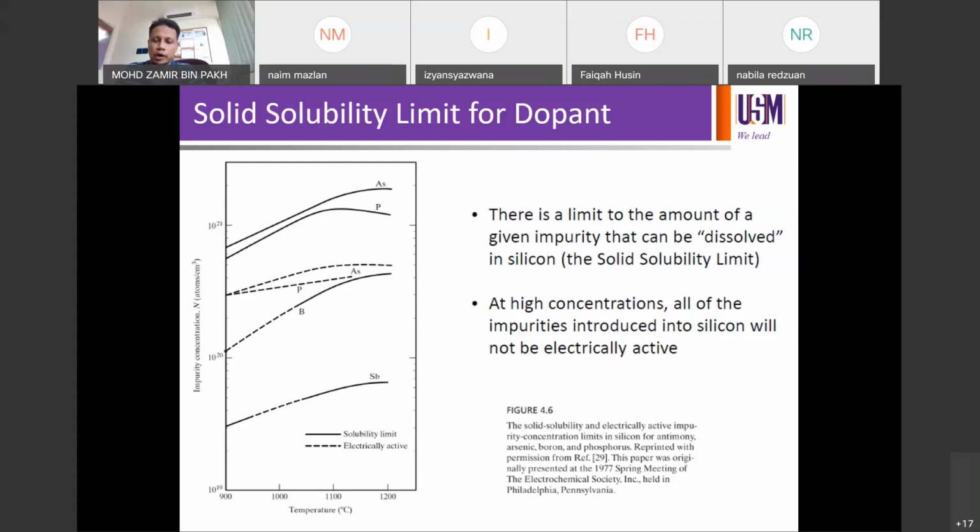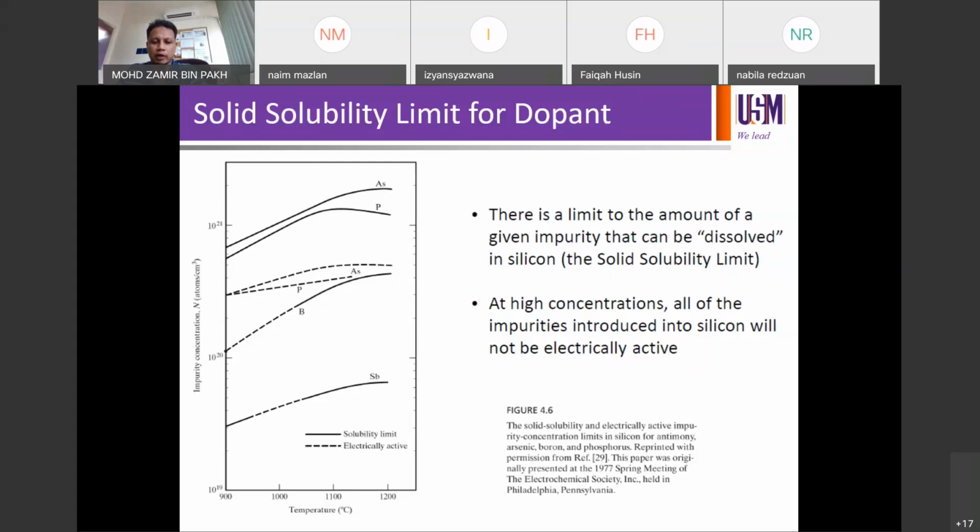Well, this depends. It's quite a generic statement. You still need to electrically activate the dopants in the silicon. For example, if you look at this graph, the y-axis shows impurity concentration in atoms per cm cubed, and the x-axis shows the temperature increasing to the right, from 900 to 1200.